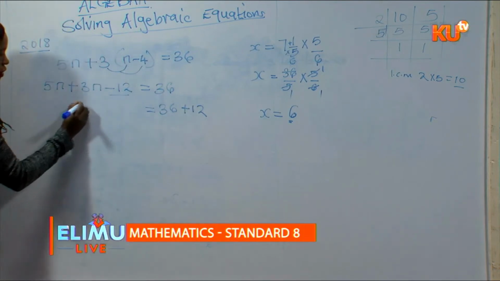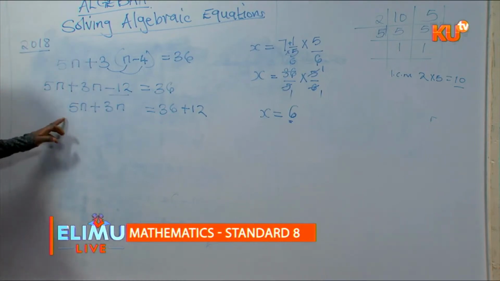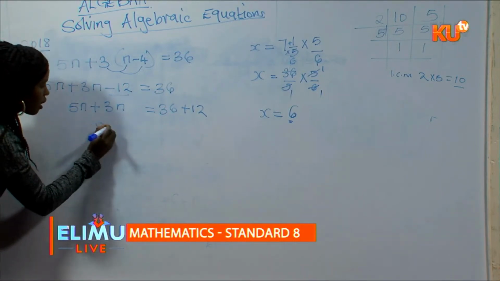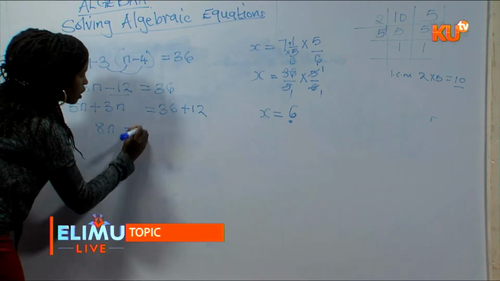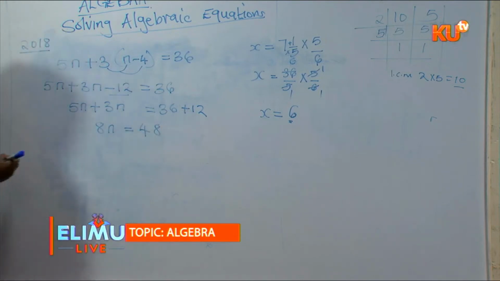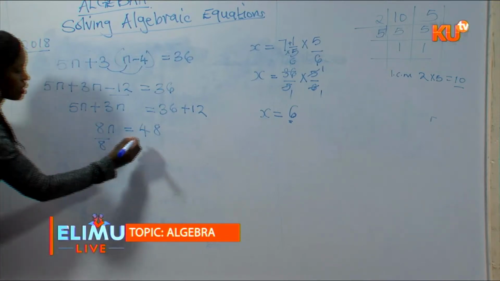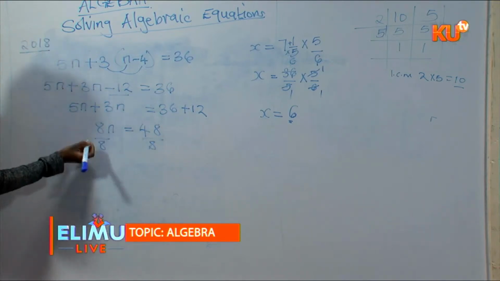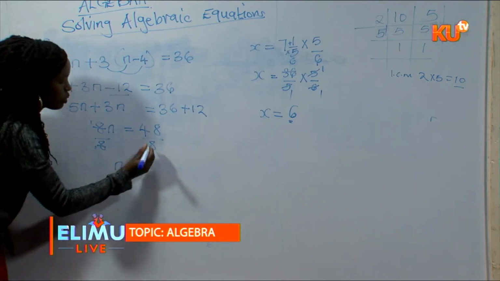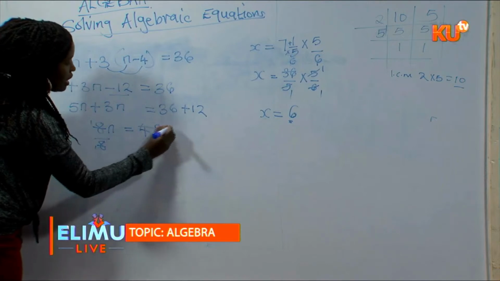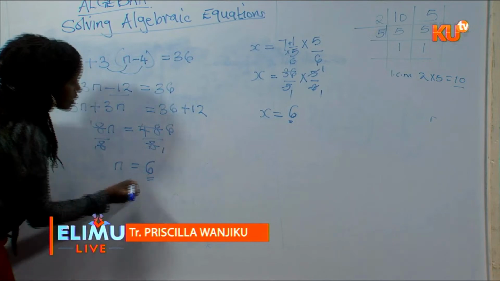So I have 5n plus 3n. So we add this together, we get 8n is equal to 36 plus 12, you're going to have 48. To get the value of n, I divide by 8 on both sides. So I want to remove this 8 by 8, 1, by 8, 1. So n is going to be by 8, 1, by 8, 6. So the value of our n is 6.